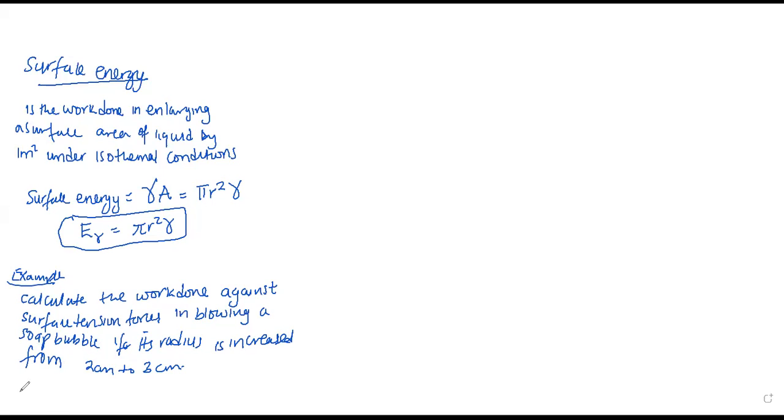In this case, the work done against surface tension is equal to the change in area times the coefficient of surface tension gamma.